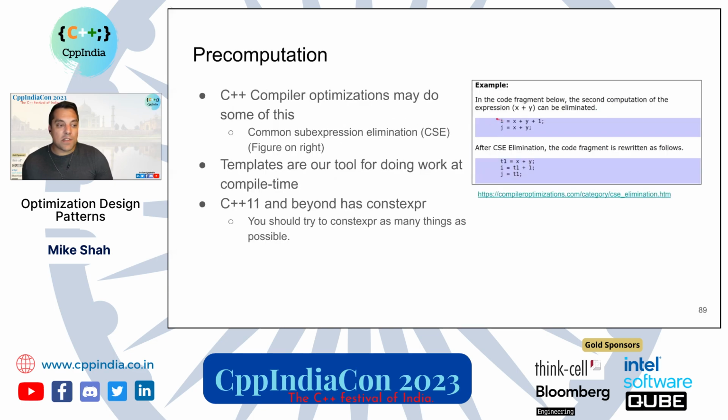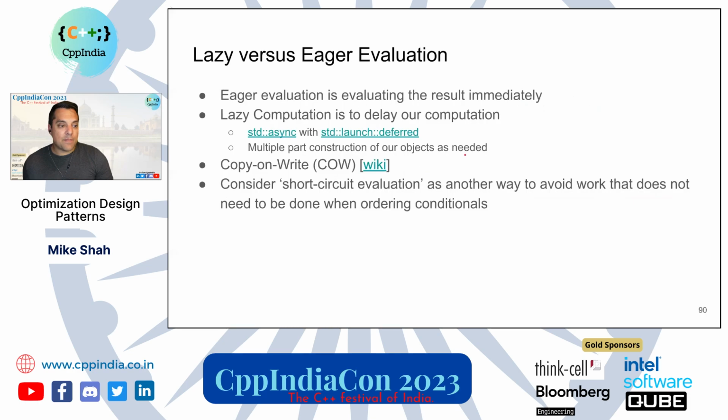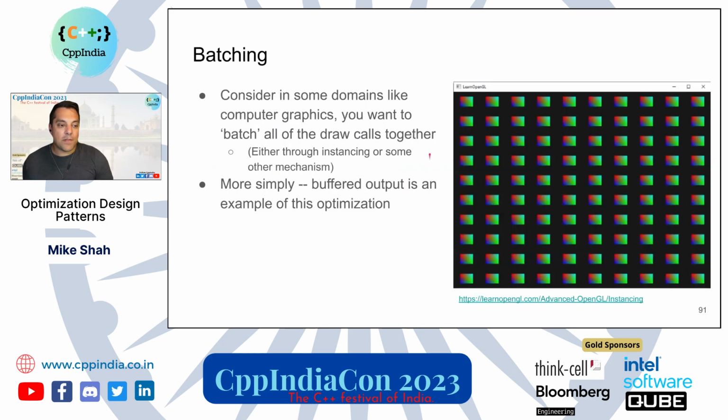We've got precomputation, again constexpr, doing things with templates, you can do a lot of work in compile time to speed things up. We've got lazy versus eager evaluation with std::async. Lazy evaluation means don't compute something until you actually need the value. Things like copy on write fall into this category. Short circuit evaluation also falls in this category.